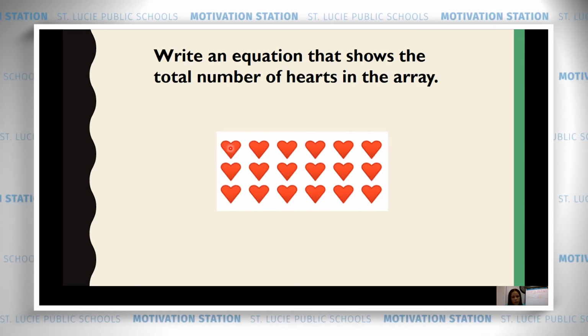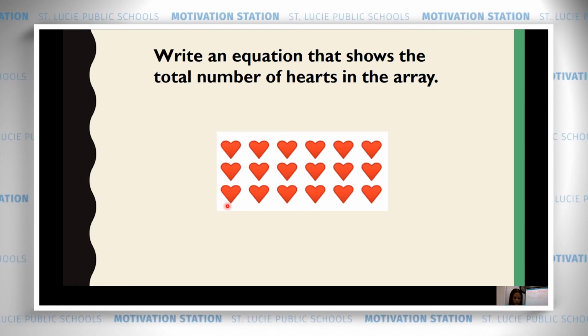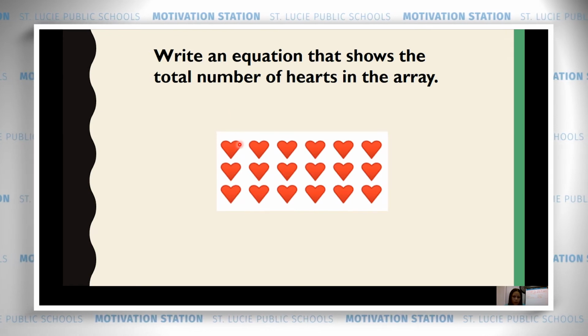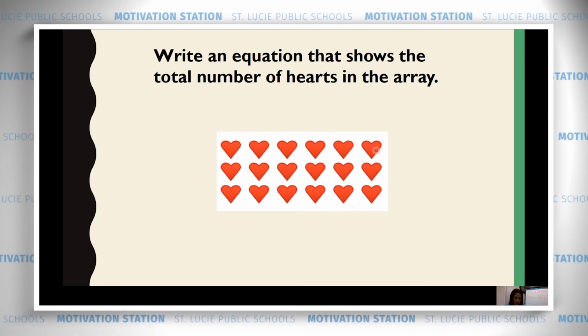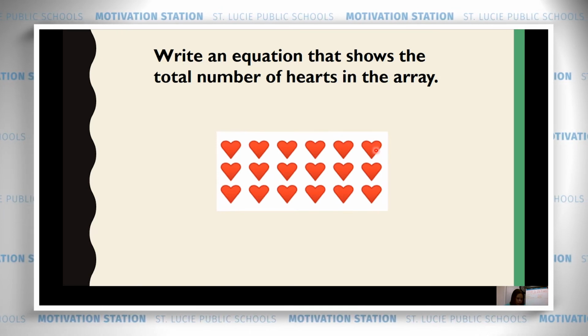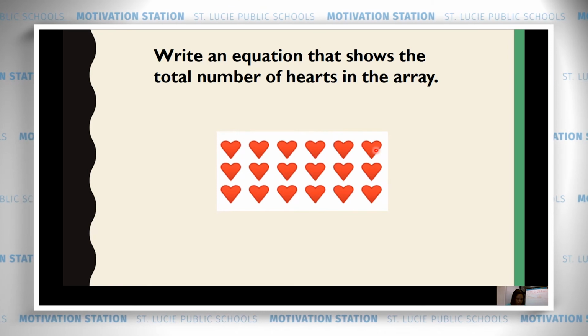I see that I have 3 rows, 1, 2, 3. So in front of me, I have made 3 rows, and now 1, 2, 3, 4, 5, 6. I'm going to place 6 counters in each row.